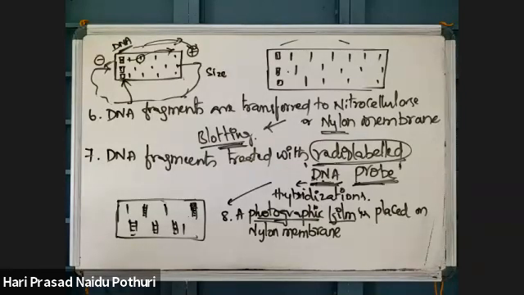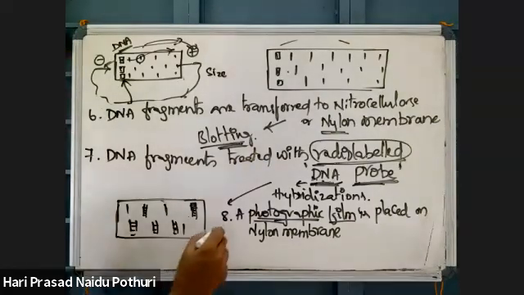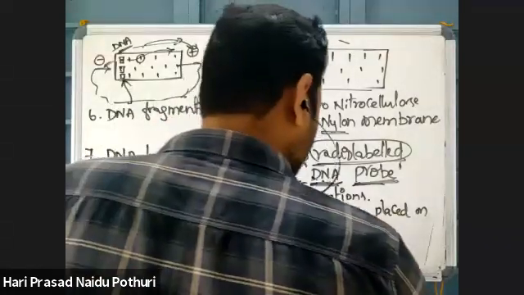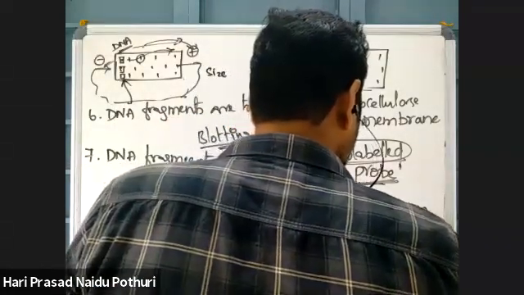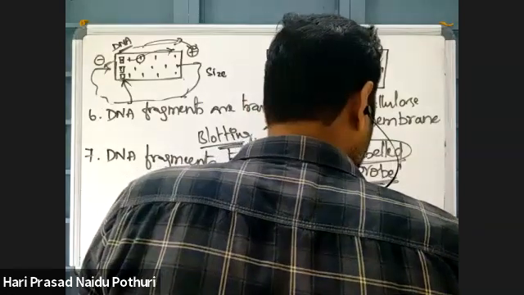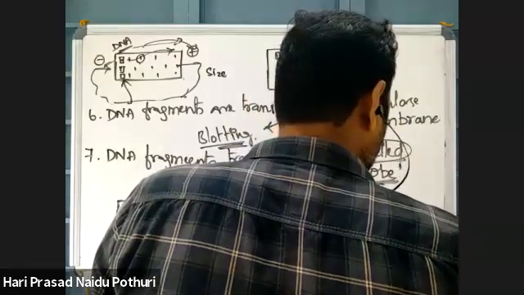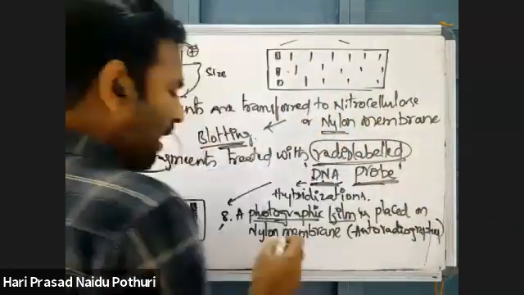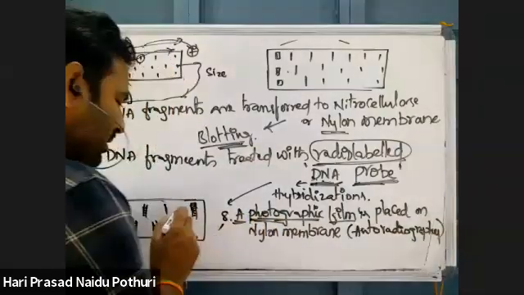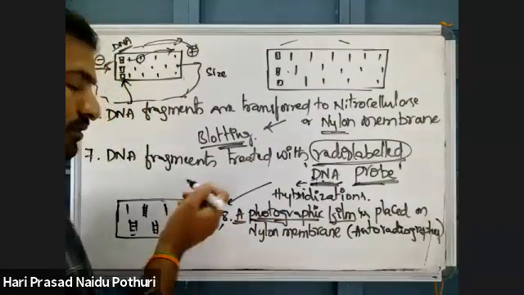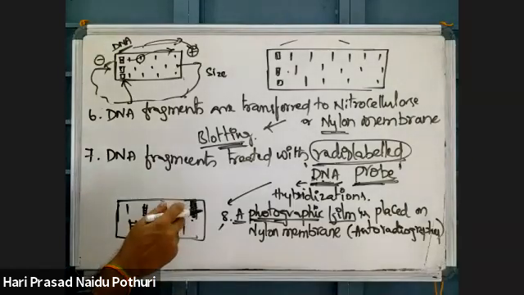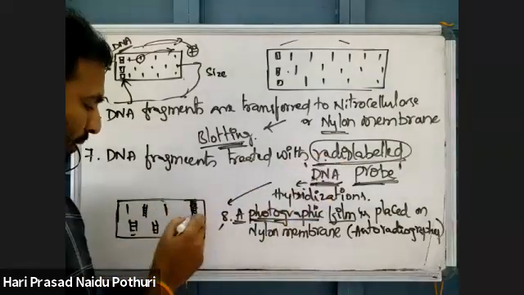Okay, this will produce thick and thin dark bands. We can also subject this to autoradiography, observing the nylon membrane hybridized with the probe. Here the nylon membrane is now hybridized with the probe.